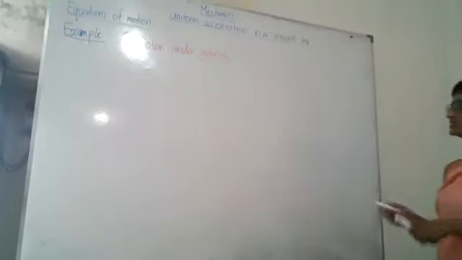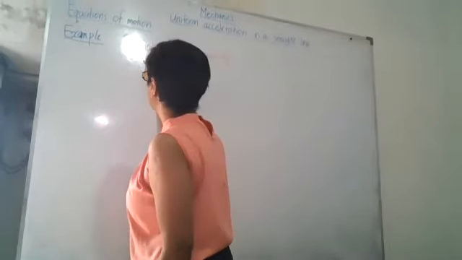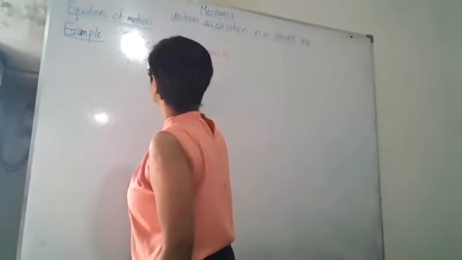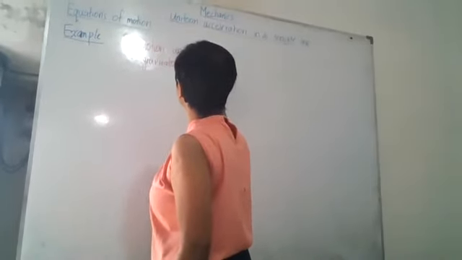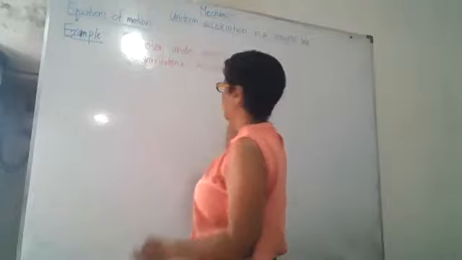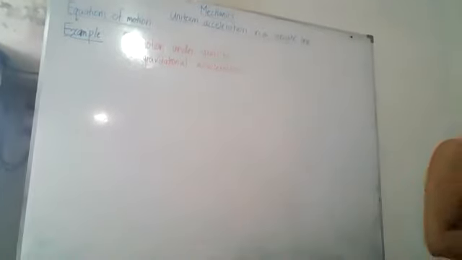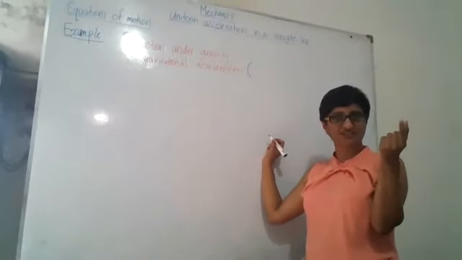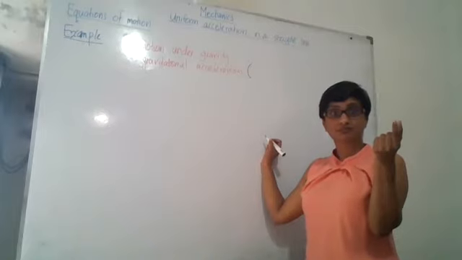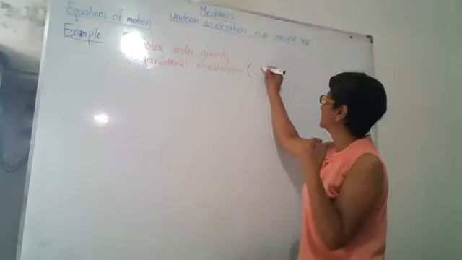Next slide. The object will accelerate with, in red, gravitational acceleration. In brackets, let's write down the value of that. The symbol we use for gravitational acceleration is simple g.